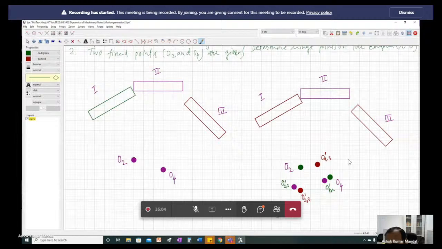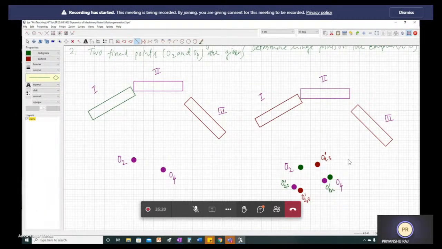Now what is the next step? If you remember, to find out the position of A and B, what we can do? Perpendicular bisector intersection. Perpendicular bisector of this O2. Let me draw that perpendicular bisector. So in this case, take this.